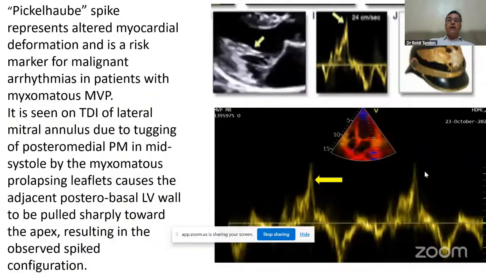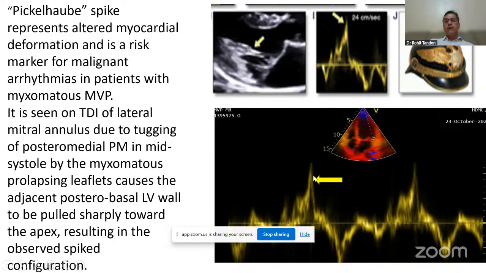Another sign is seen with tissue Doppler. When we use tissue Doppler imaging on the lateral annulus in the same patient, we get an instant spike in systole. This spike is like the spike seen in the German helmet known as the Pickelhaube, and this spike is termed the Pickelhaube sign.